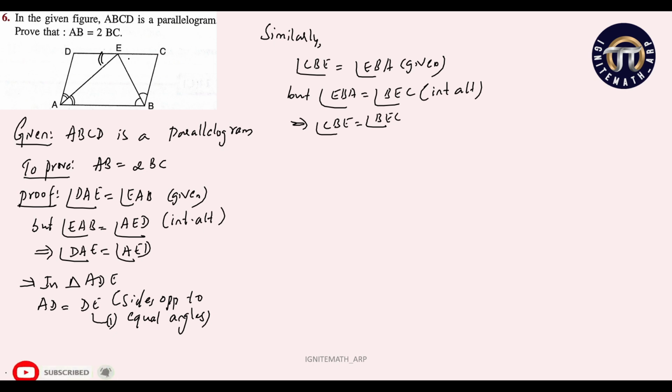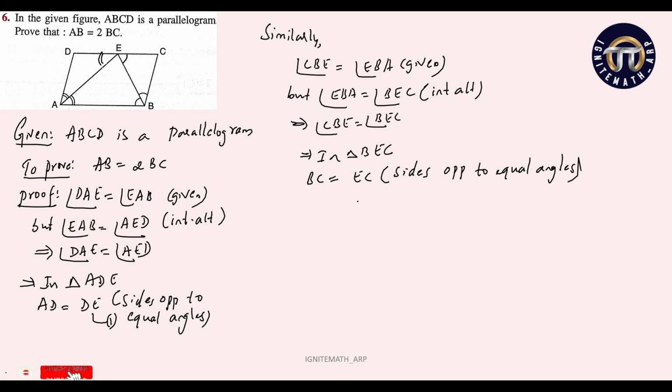Again, these two angles are equal to each other. So that implies in triangle BEC, BC is equal to EC. Why? They are nothing but sides opposite to equal angles. Clear, children? I'll just call this as equation 2.